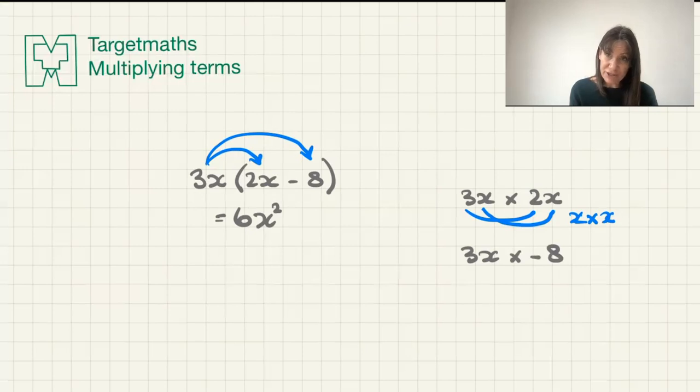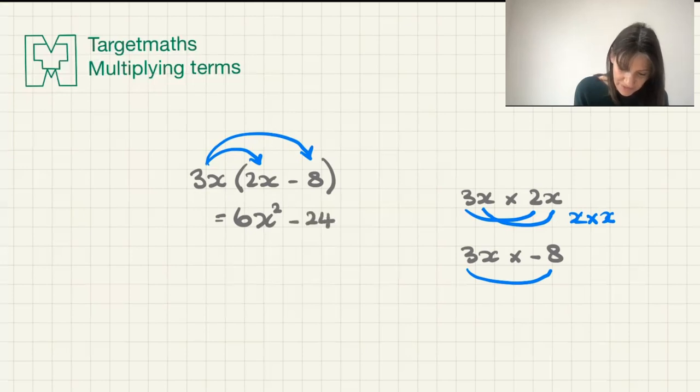So again, I'm going to do my number work first. So my numbers are 3 and negative 8. So 3 times 8 is 24. There's 1 negative in the question, so there's 1 in the answer. So I've got minus 24. But I have to remember I've also got an x here, which means that there will be an x in that part of my answer as well.